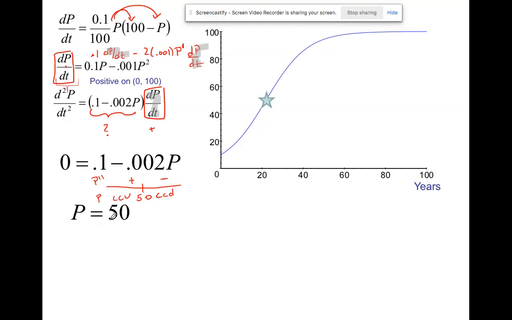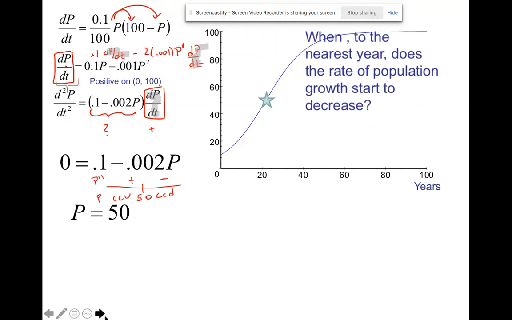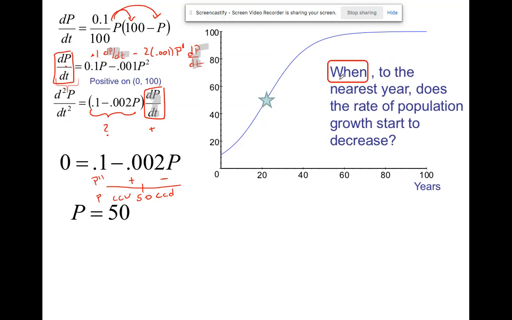But I needed to know when. Remember, I was asked a time. Is my time 50? No, P is 50, right? This is the dependent variable, and they asked you when. When to the nearest year does the rate of population start to decrease, or when is it increasing the fastest? Those are the same question.